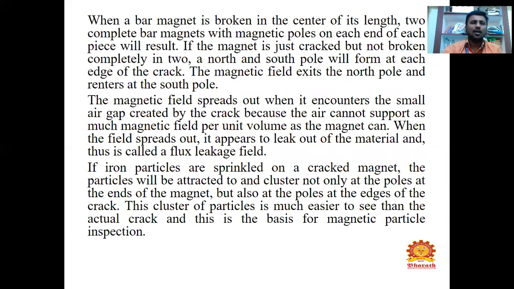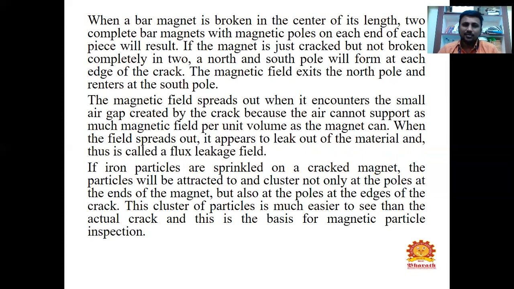When a bar magnet is broken in the center of its length, two complete bar magnets with magnetic poles, one at each end of each piece, will result. If the magnet is just cracked but not broken completely, a north and south pole will form at each edge of the crack. The magnetic field exits the north pole and re-enters at the south pole.